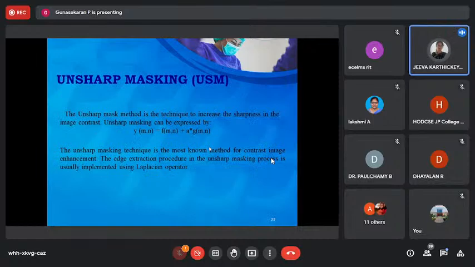Then unsharp masking. The unsharp masking method is used to increase the sharpness of the image contrast. It is the most well-known method for contrast image enhancement, and it is usually implemented using the Laplacian operator.